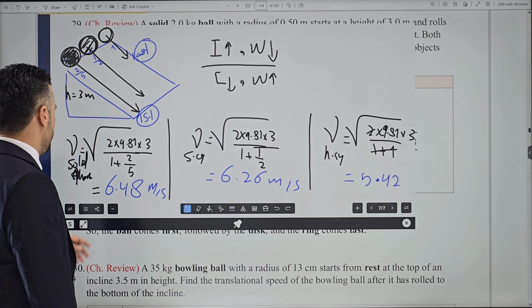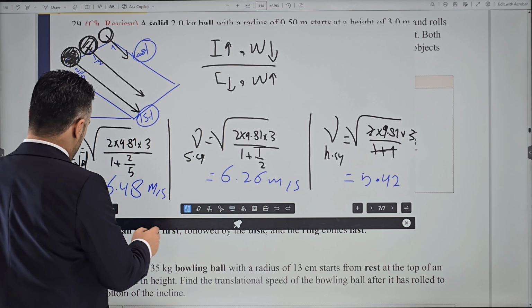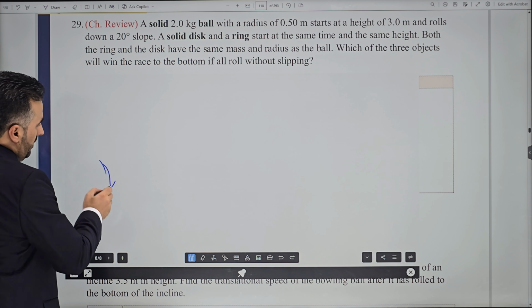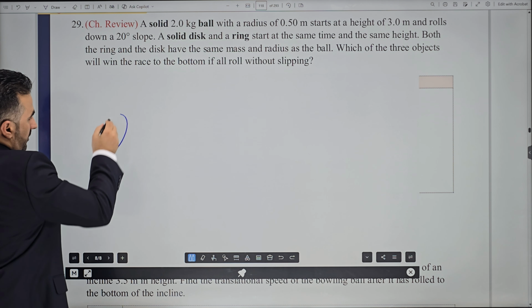So we can say the velocity of a solid sphere is larger than the velocity of a solid cylinder, which is larger than the velocity of a hollow cylinder here.